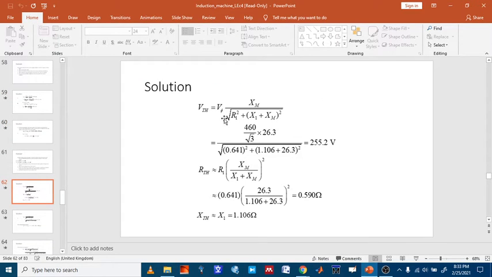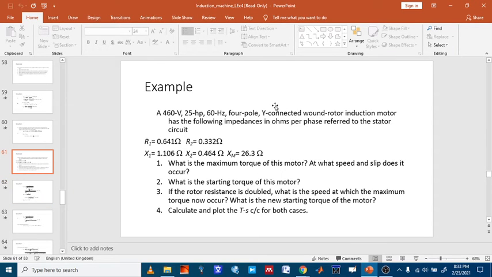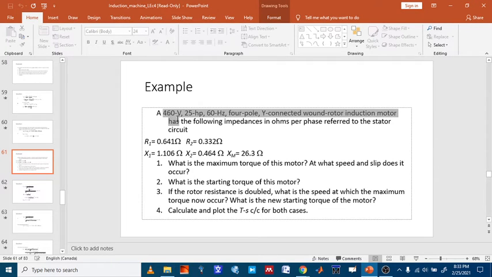Use this relation to calculate VTH. The V phase was given as the line voltage, so convert it into phase voltage. It's star connected, so you divide 460 by root 3.